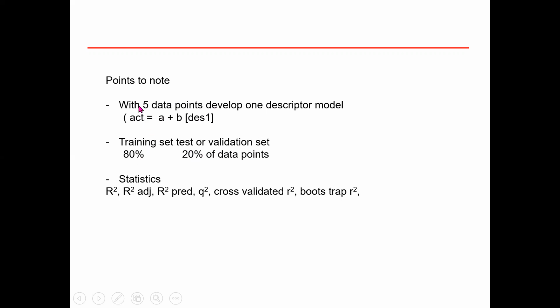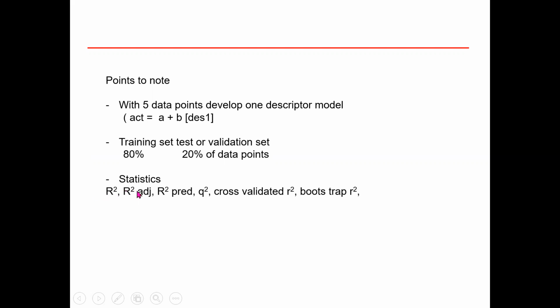That's why these 2 rules are very important. And then you look at all the statistics. That's very important. The Excel add-on regression gives you R square, adjusted R square, predicted R square, Q square. All these have to be quite high. As I said, maximum is 1.